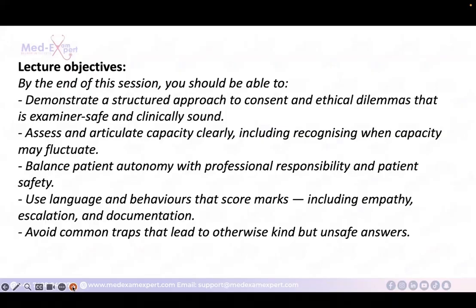These scenarios test your understanding of capacity, particularly when capacity is fluctuating in patients, and how you act when a patient initially consents but later refuses, sometimes in life-threatening treatments.